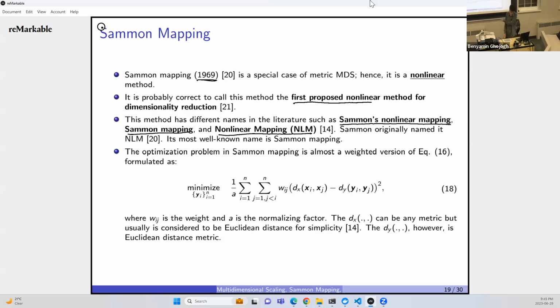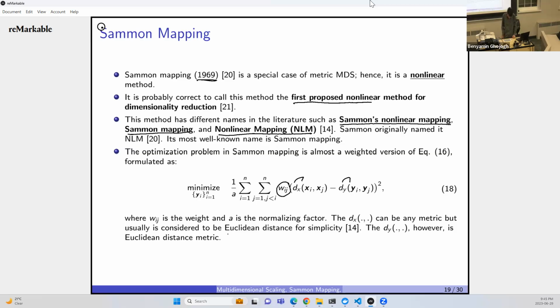So it's basically a special case of metric MDS, and you can see that it's very similar. Here we have wij as weights inside the summation, and it used Euclidean distance for dx and dy, as far as I remember.